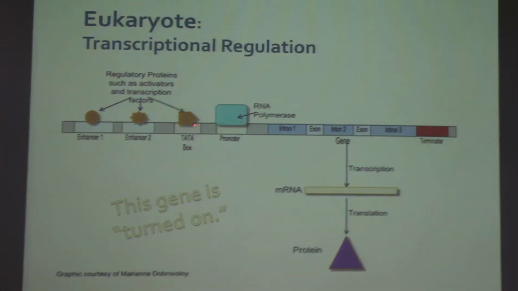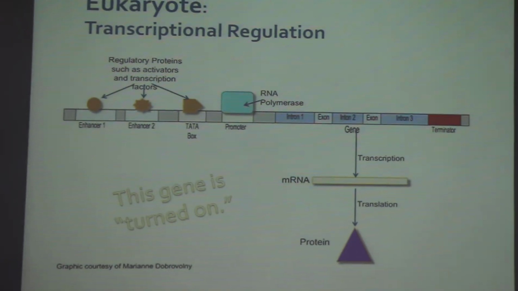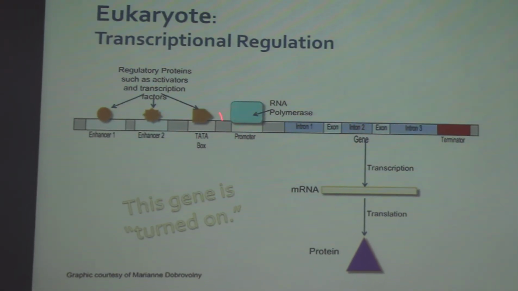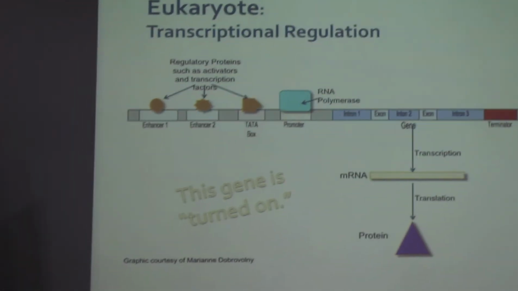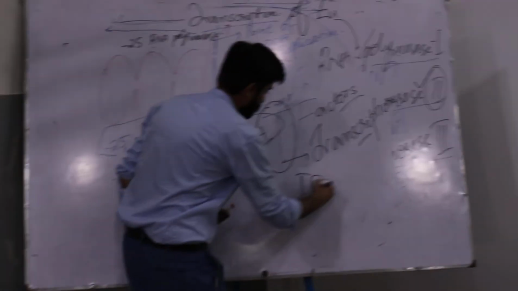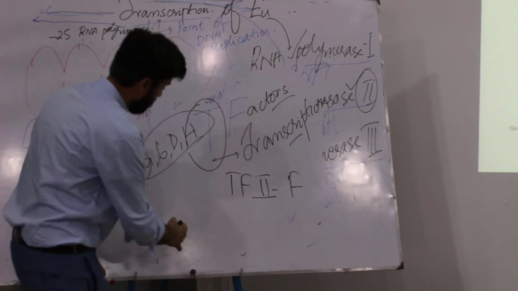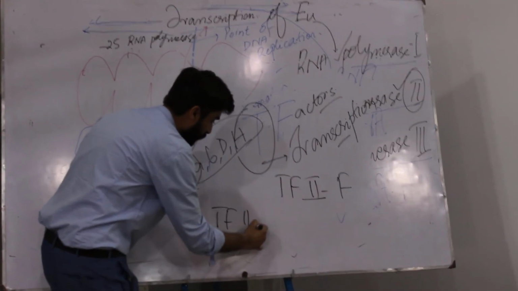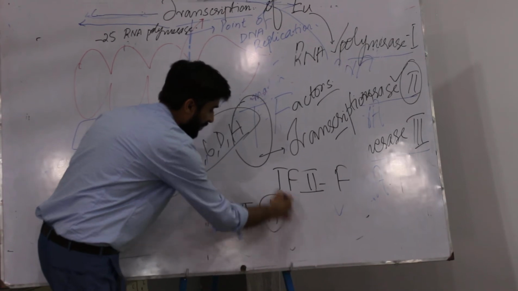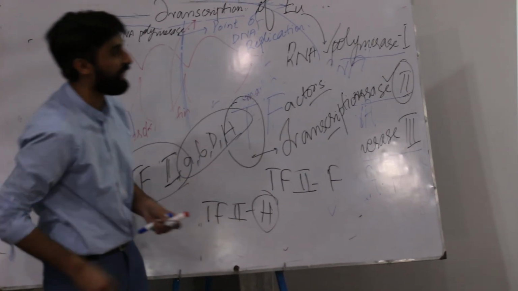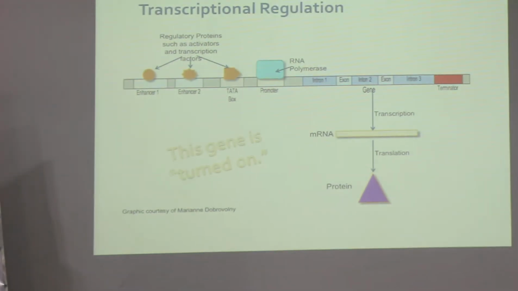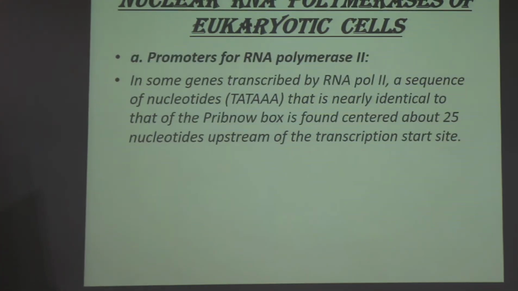Transcription factor 2D has a special sort of protein, TBP, TATA binding protein. Transcription factor 2F will bring RNA polymerase. Transcription factor 2H has helicase activity, unwinds the DNA, and removes the promoter area.